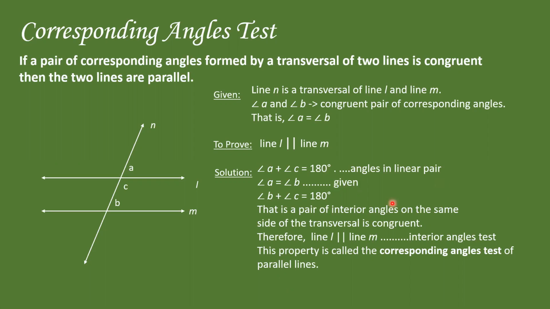So B plus C is equal to 180 degrees, and we all know that for a pair of parallel lines and a transversal, interior angles are supplementary. By using this property, we conclude that both lines are parallel because B and C are supplementary.